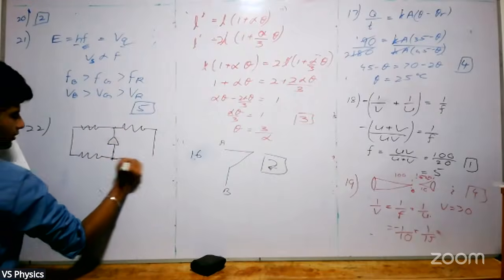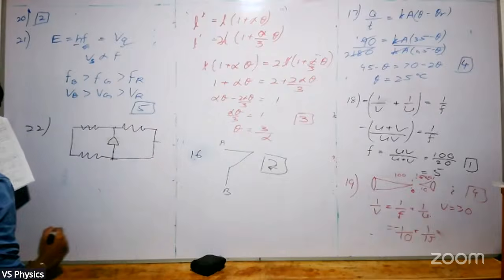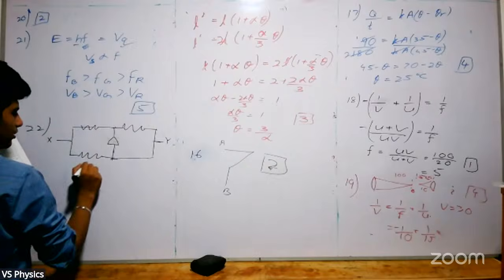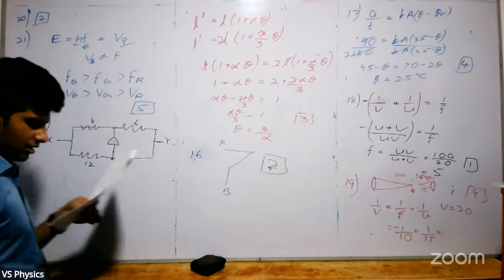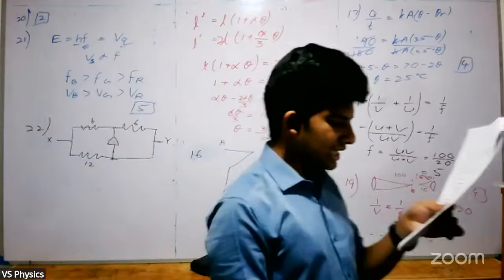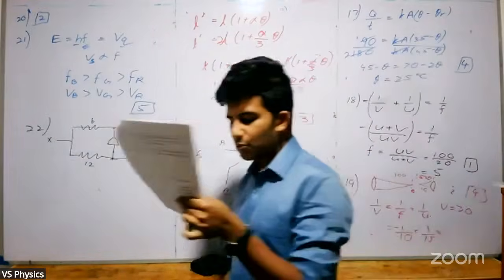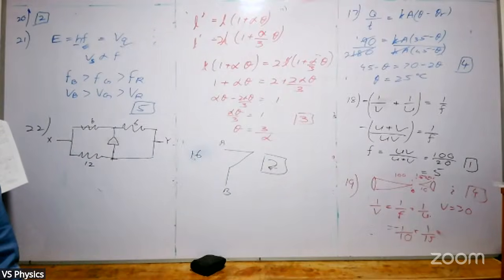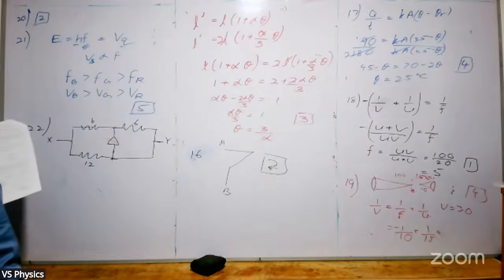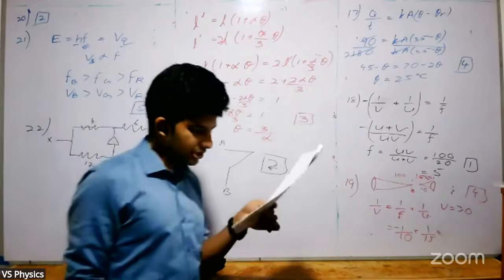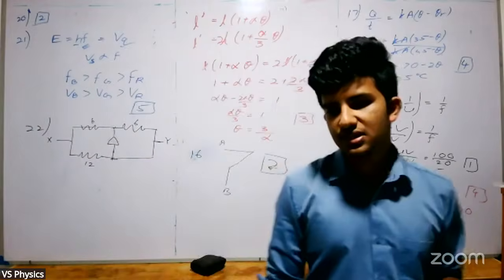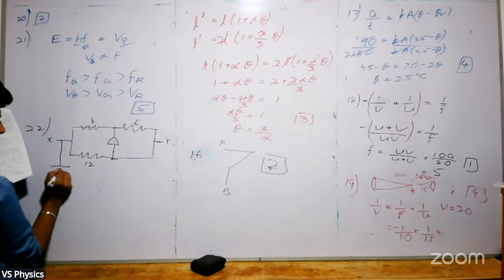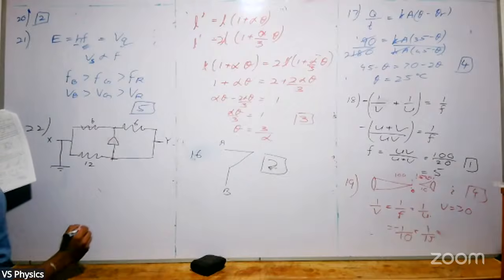This is y and this is x, with 12, 6 and 6. The question says: when y is maintained at a positive terminal and then at a negative terminal relative to x, find the effective resistance. Let's say we are grounding this one.